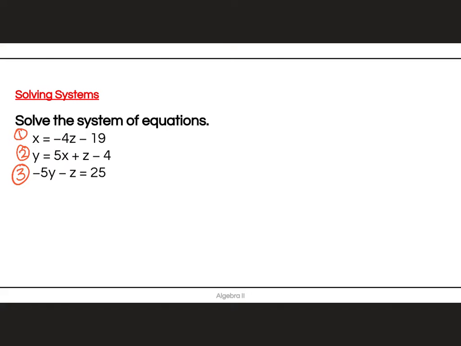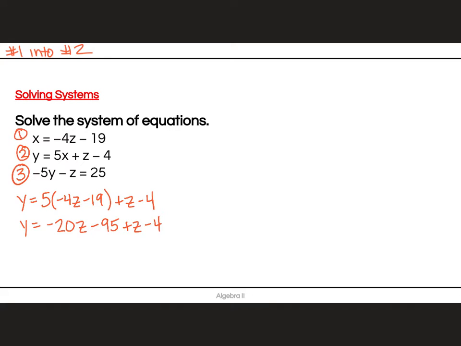So when I put number 1 into number 2, I'm going to have y is equal to 5 times negative 4z minus 19 plus z minus 4. So I need to simplify. y is equal to negative 20z minus 95 plus z minus 4.